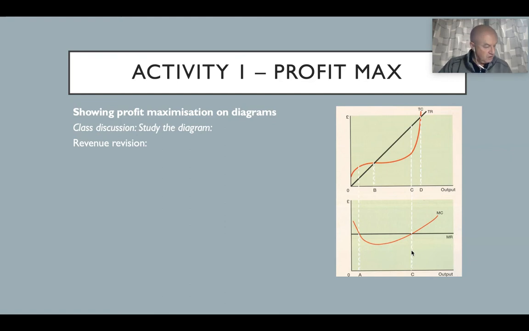There are two diagrams in your book, and I want you to consider again at what points a firm breaks even, and at what point the business maximizes profit. First things first, in this situation, is our firm a price maker or a price taker? What do you think?